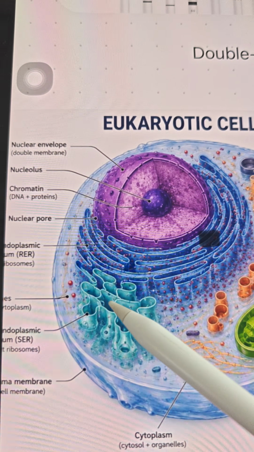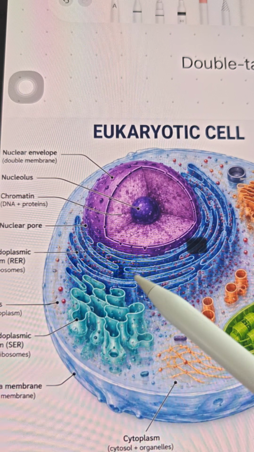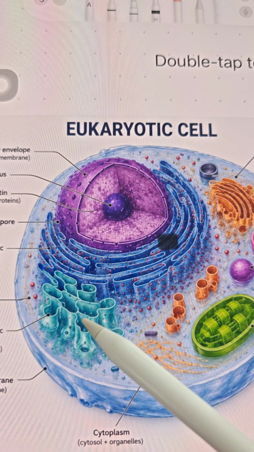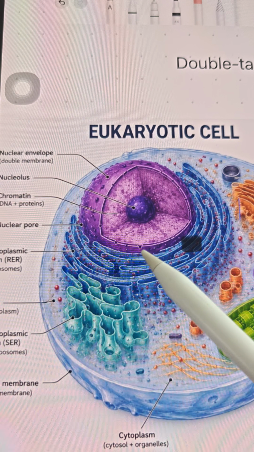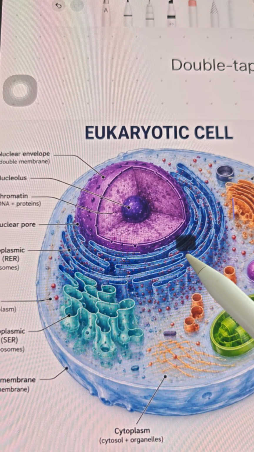Coming back here, the endoplasmic reticulums are there. There are two types of endoplasmic reticulum: smooth endoplasmic reticulum and rough endoplasmic reticulum.